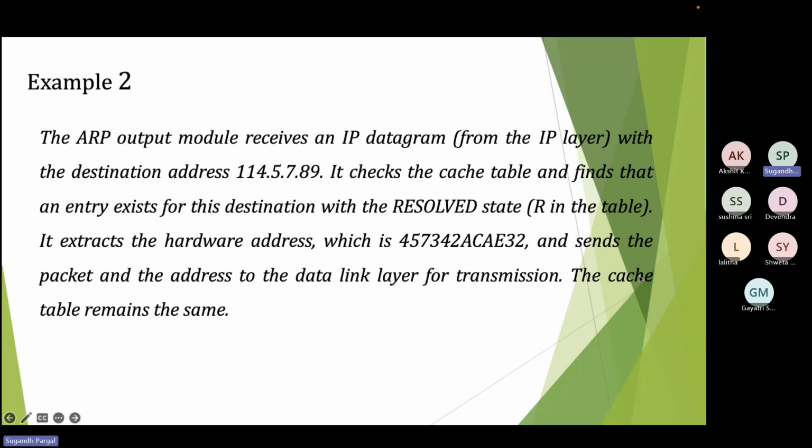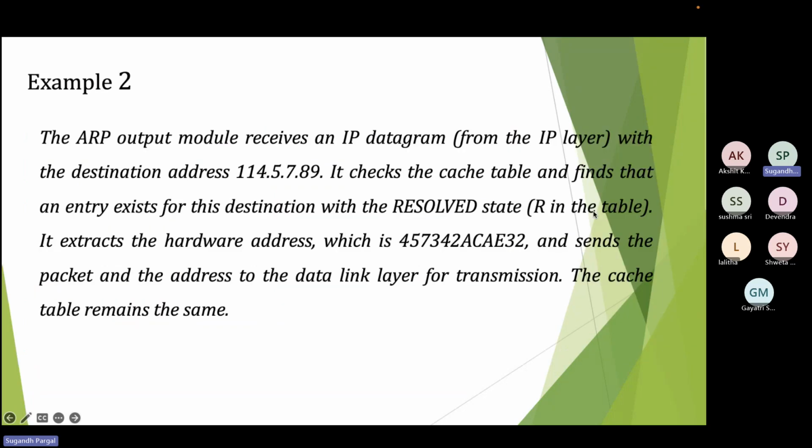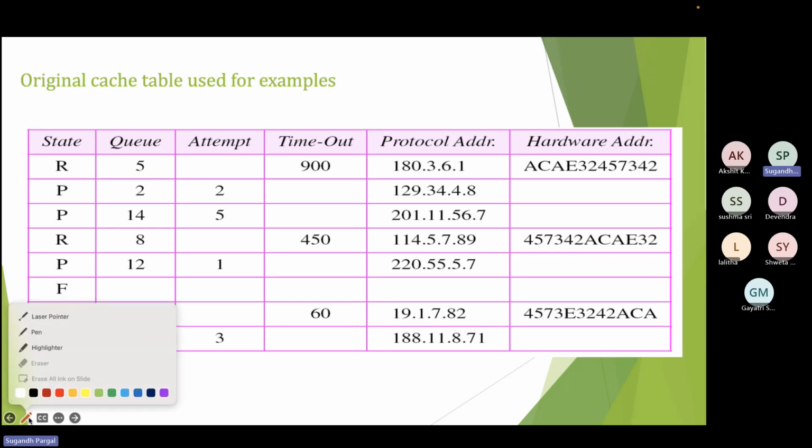I'll show you with an example from the given table. The ARP output module receives the IP datagram from the IP layer with the destination address 114.5.7.89. It checks the cache table. See, 114.5, this is the entry we can see here.